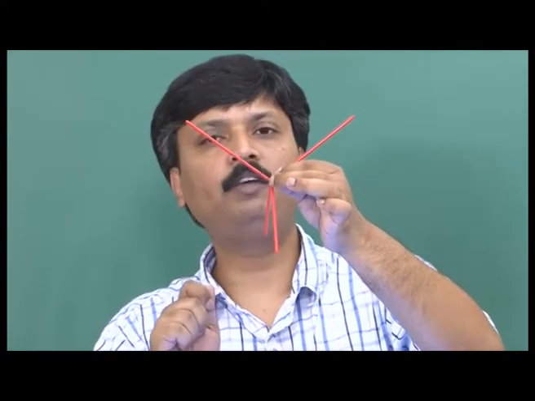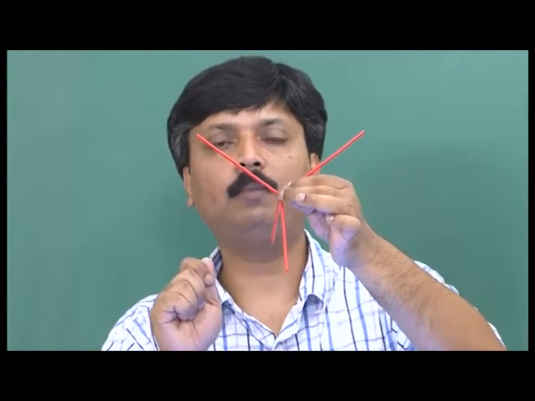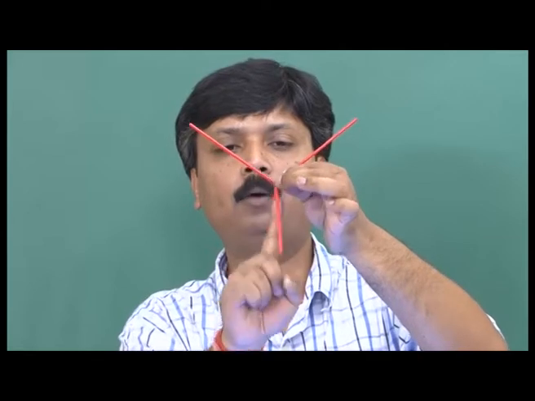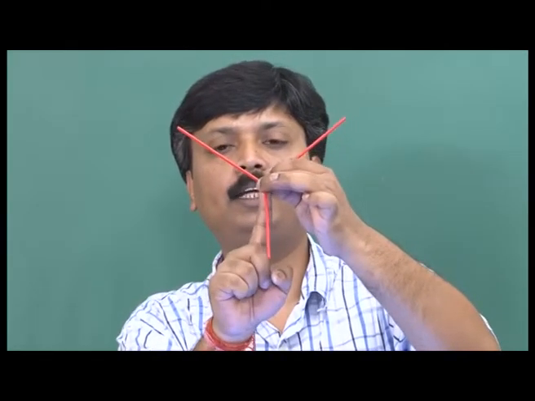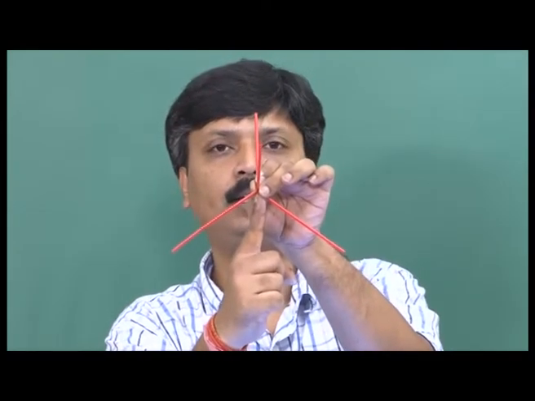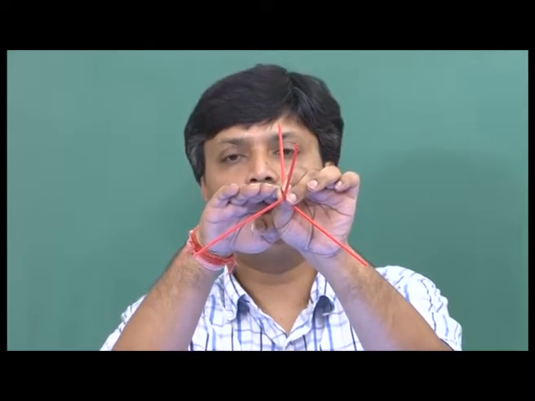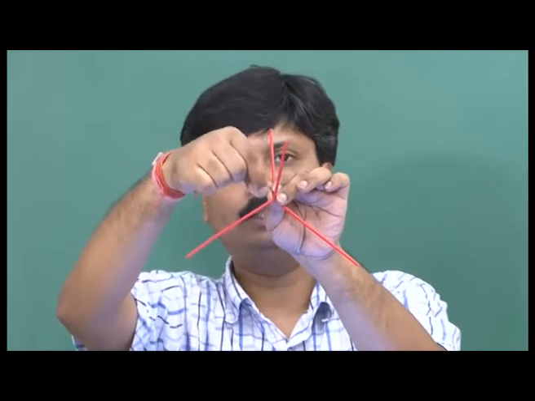Now, instead of giving a C2 rotation, I give a rotation by 90 degrees. So, what I do is, about this axis I give a 90 degree rotation. So, if I give a 90 degree rotation, this will go toward you, right. So, now imagine a plane which is perpendicular to this axis.